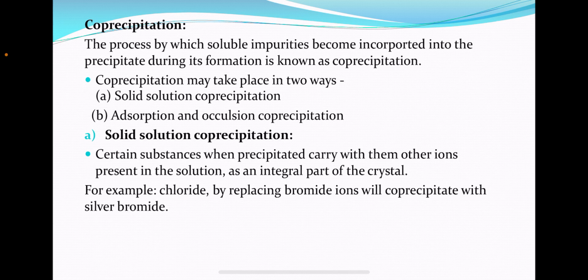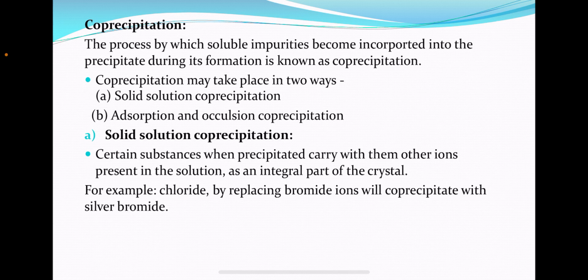The process by which soluble impurities become incorporated into the precipitate during its formation is known as coprecipitation. So that process is called coprecipitation.